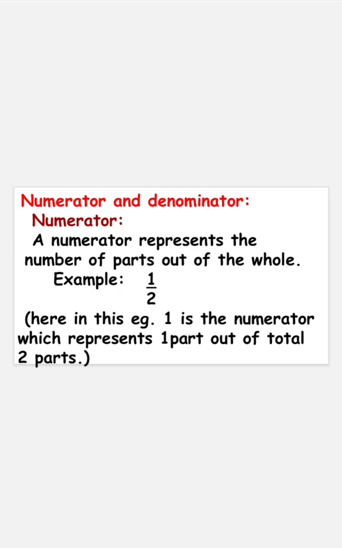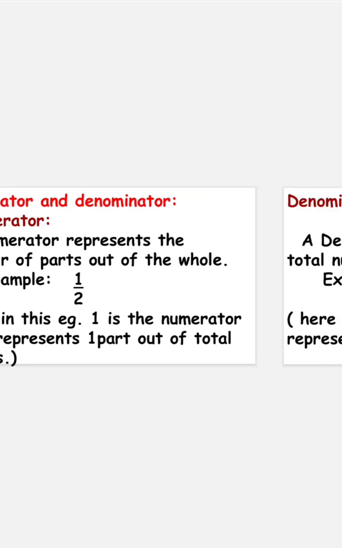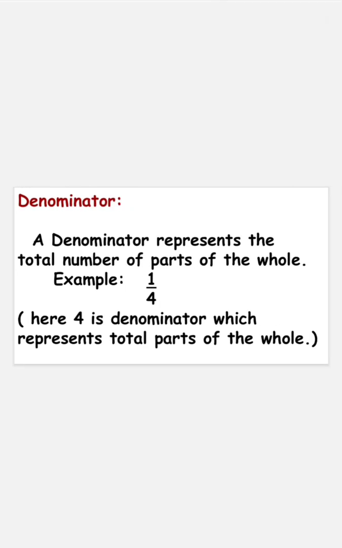So, numerator is the number which is given on top, which shows number of parts out of total. Denominator. The denominator is the number which is given down. A denominator represents the total number of parts of the whole.